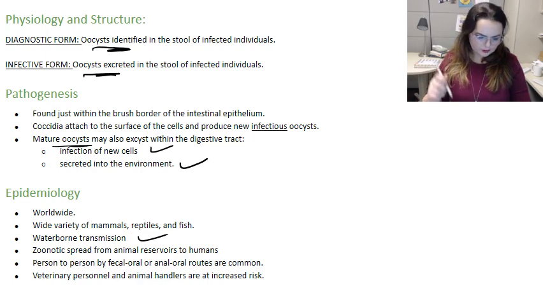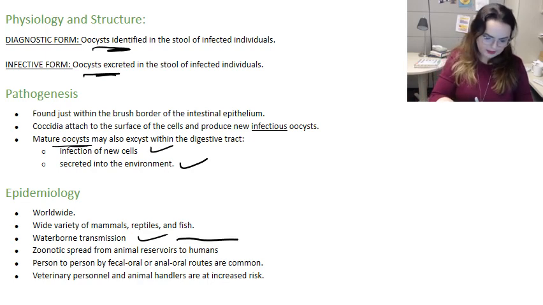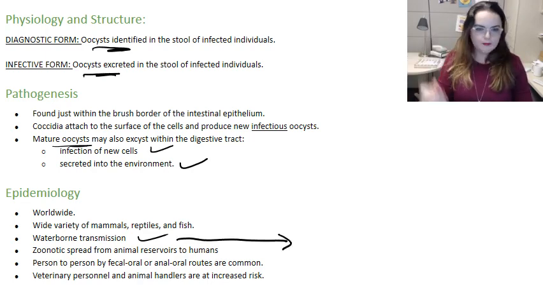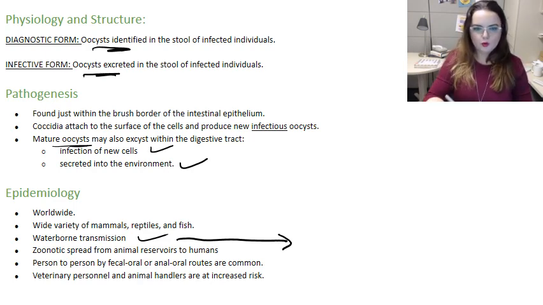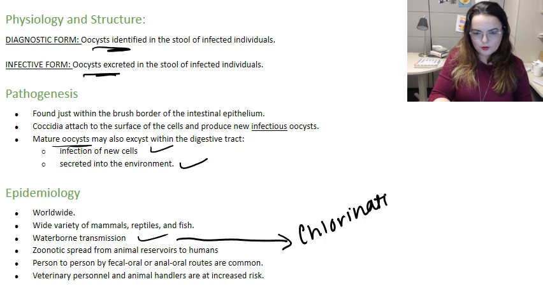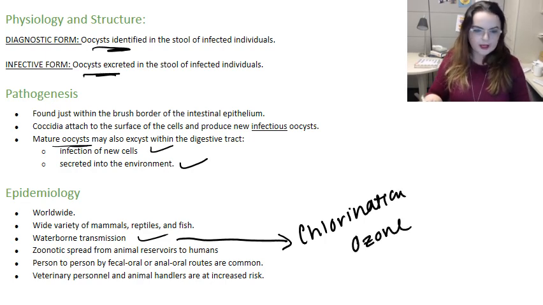And one of the things that's really tricky about these that makes water transmission important is that these organisms are actually resistant to normal purification procedures for water, like chlorination and ozone. So these are kind of the two ways that we tend to clean our water supplies, and that will not get rid of C. parvum.